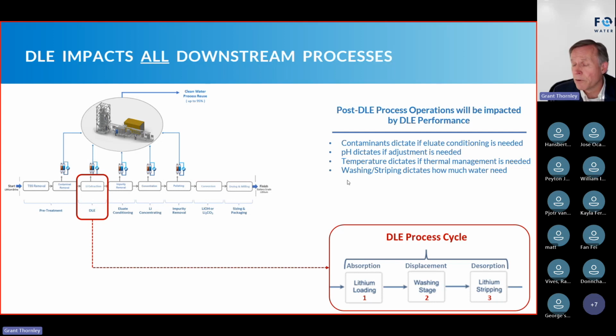And then there are other operating parameters: washing, stripping, and so on. So selecting the DLE media is one challenge, but tuning it to the brine to really optimize it is another. If you get it wrong, there can be serious consequences later on.